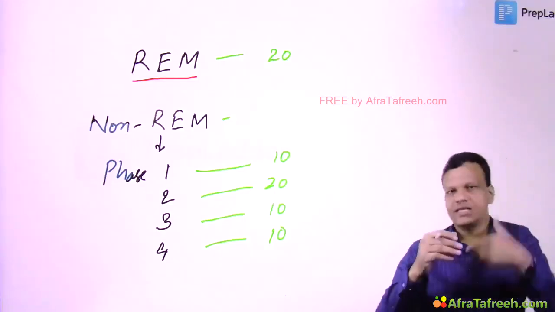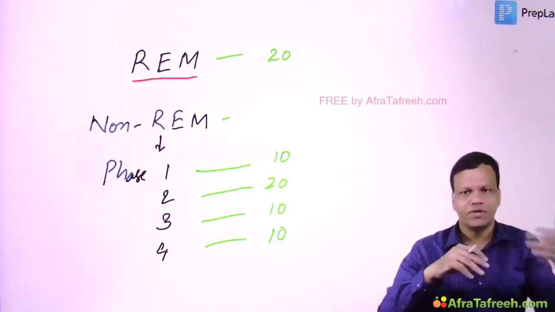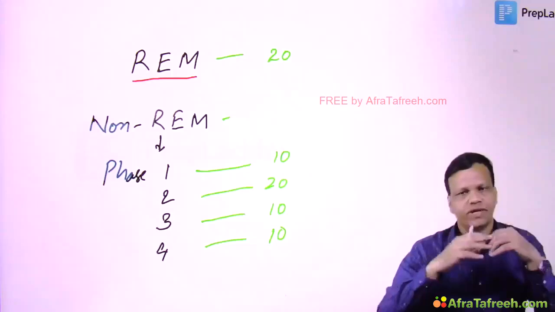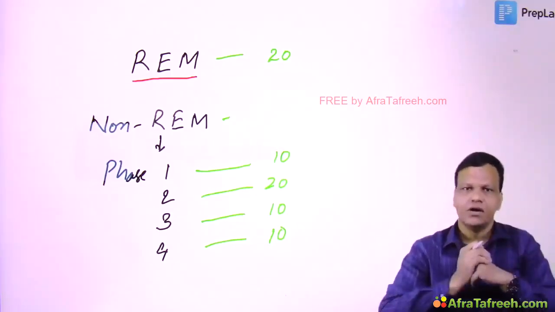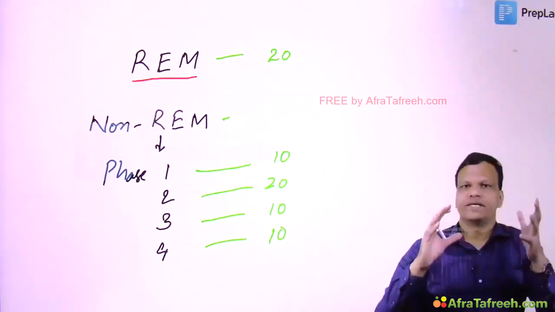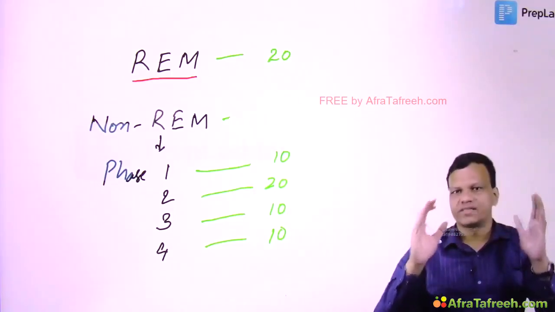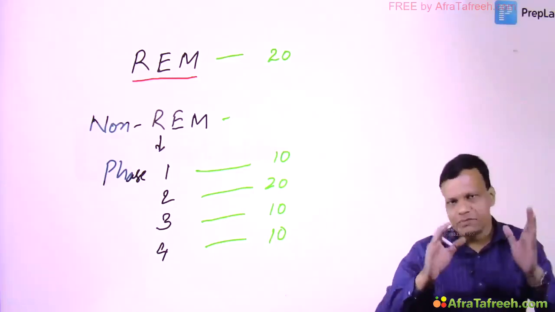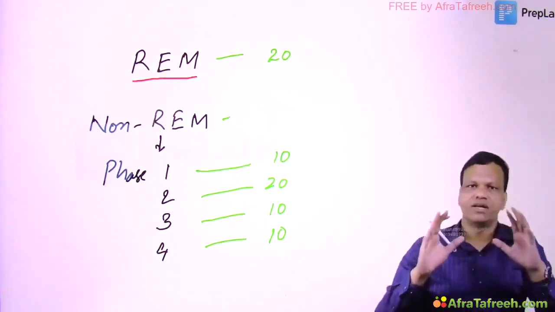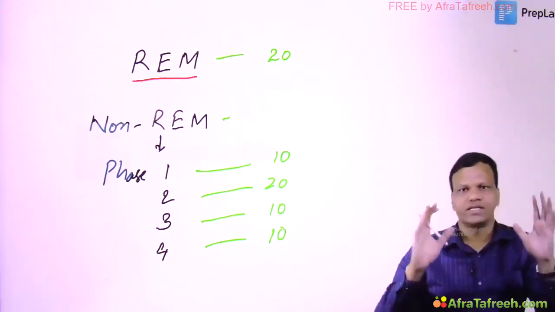After phase 4, again the REM sleep will come, 20 minutes, then phase 1 10, phase 2 20, and this will keep on repeating again and again. So when the sleep comes in this pattern, it is called a good quality sleep. That means if a person sleeps for 6 hours, when the person wakes up, the person will feel refreshed. This is a good quality sleep.